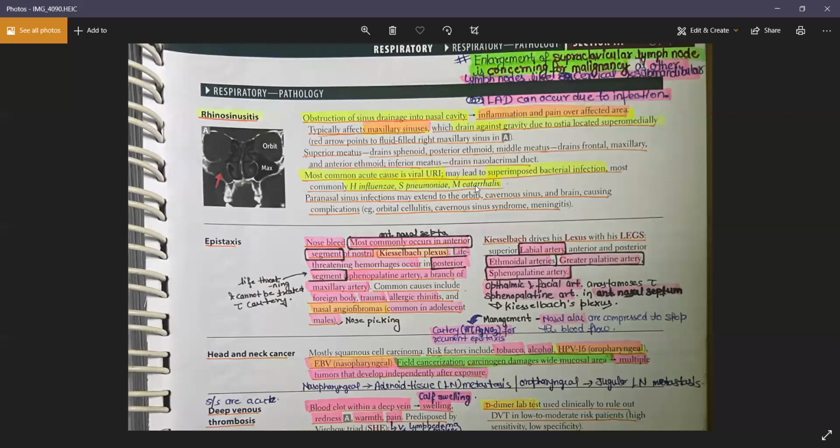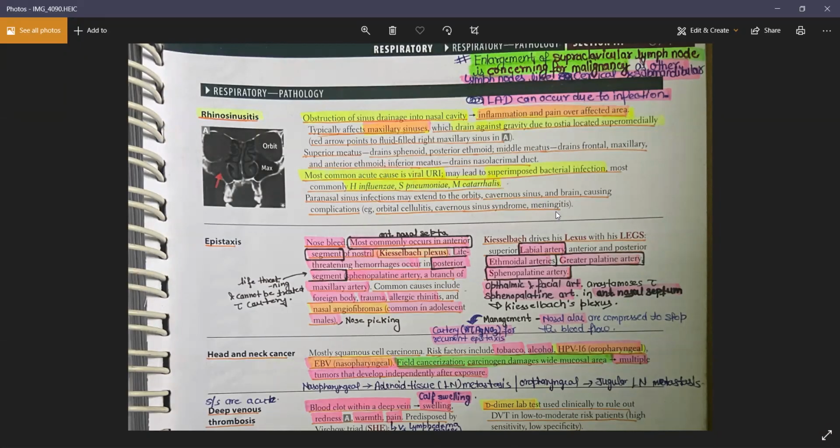Now, as a complication, if the bacterial infection happens, it can also transfer to the nearby structures. Contagious infection, right? Yes. Because of this transfer of infection to nearby structures, complications could be orbital cellulitis. If the blockage and infection happen here and the infection enters the orbit, the patient can get orbital cellulitis. If this infection reaches the brain, the patient can also have cavernous sinus syndrome.